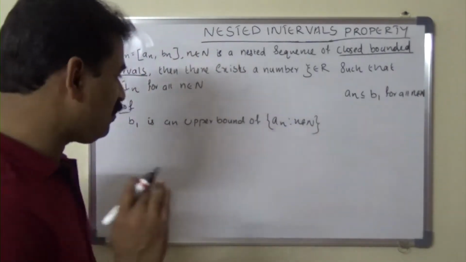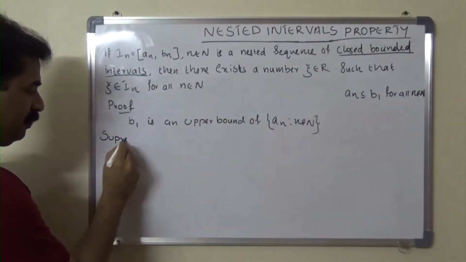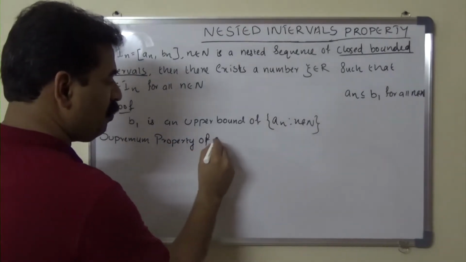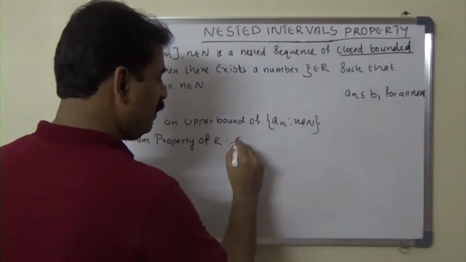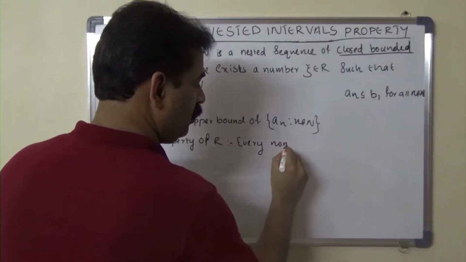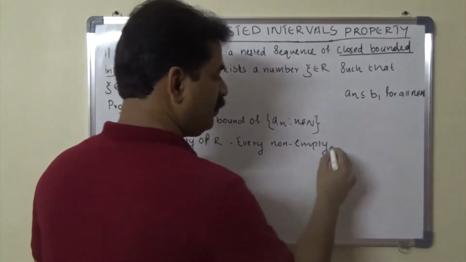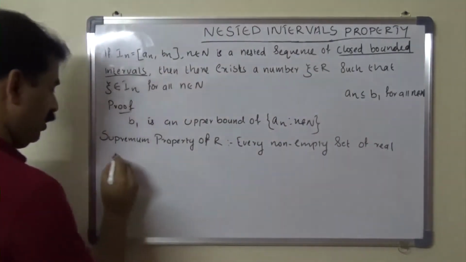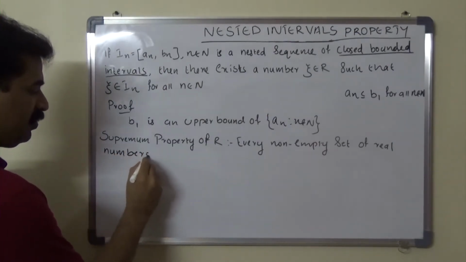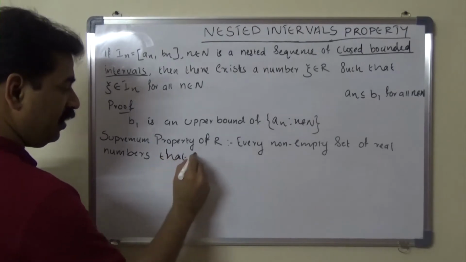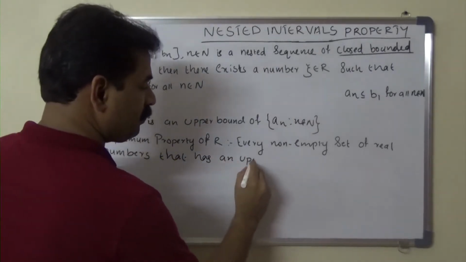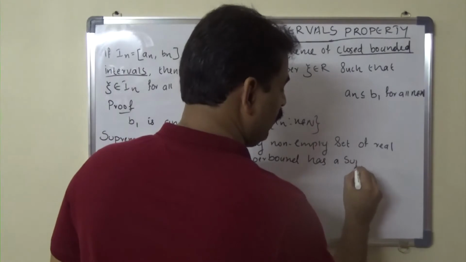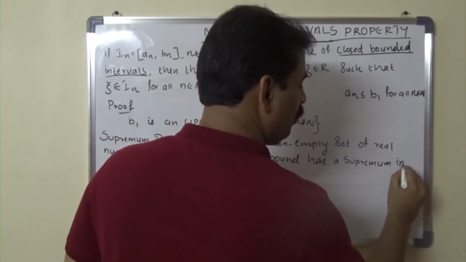What is the supremum property of R? The statement is: every non-empty set of real numbers that has an upper bound has a supremum in R. Clear?